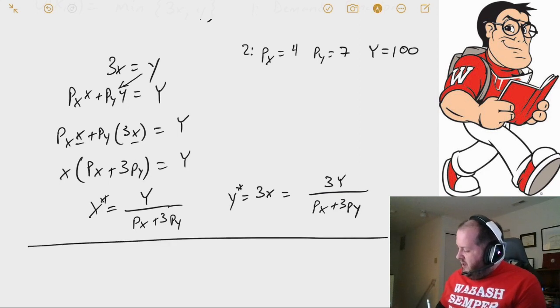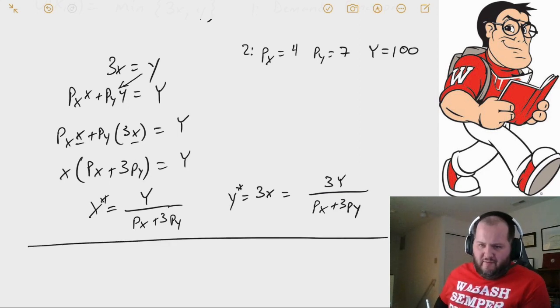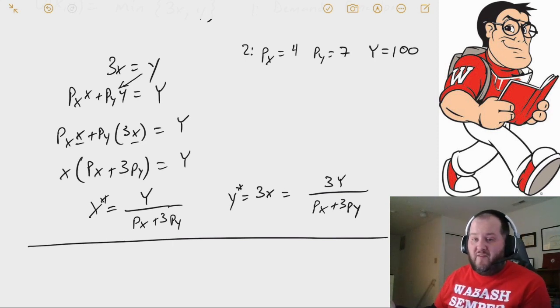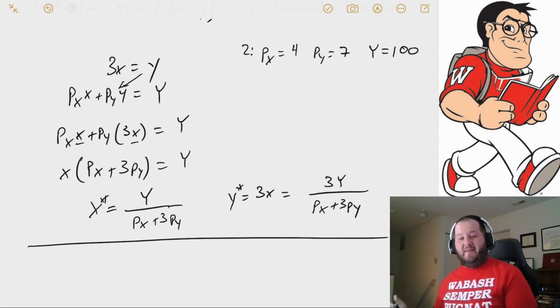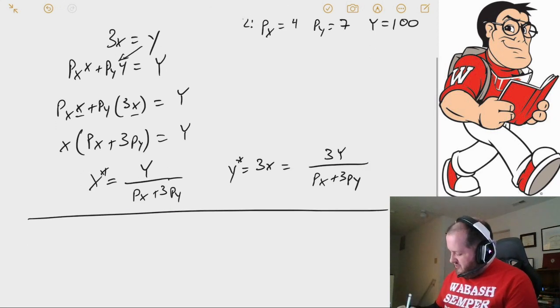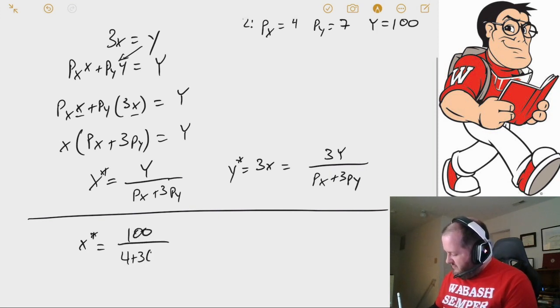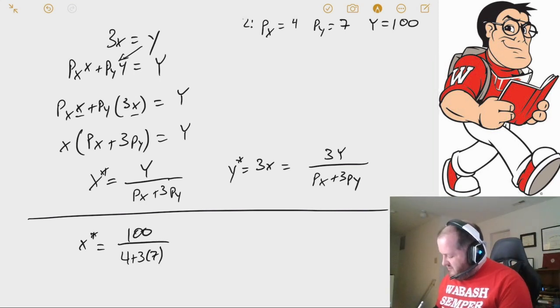Well, now I have prices. But lo and behold, I just derived demand functions, so I don't need to go back and calculate any of this again. I can just plug those values into my demand functions and get my equilibrium bundle. So x star is equal to 100 over 4 plus 3 times 7. So 3 times 7 is 21, plus 4 is 25. 100 divided by 25 is 4.